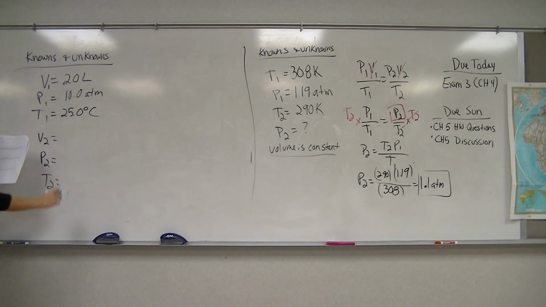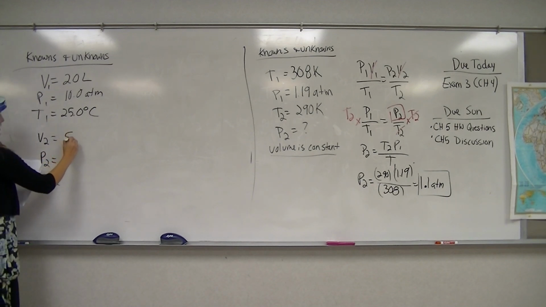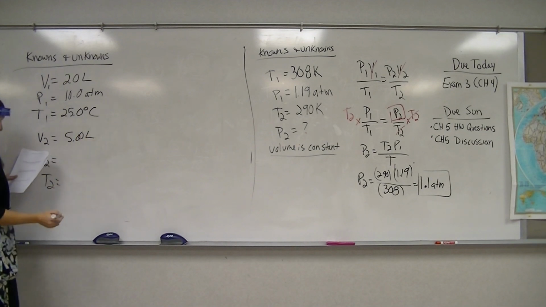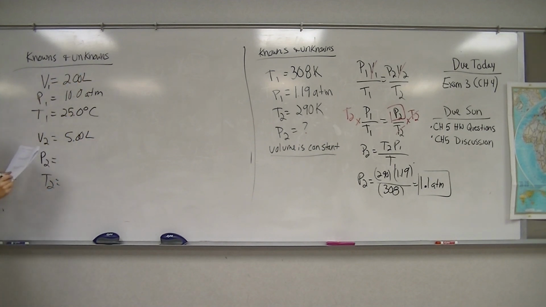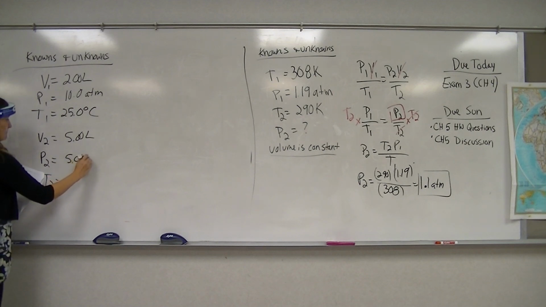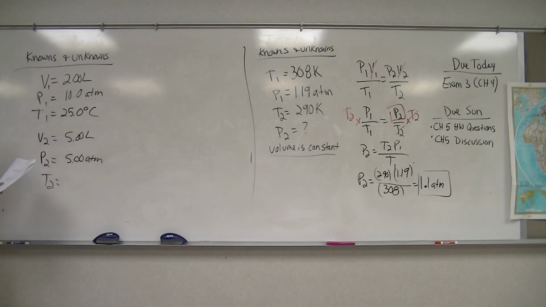So my new volume, the new container is 5 liters. The new pressure is 5 ATM. And the resulting temperature is the question mark. Now, just check and make sure the units are consistent.